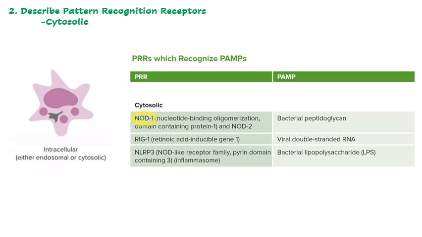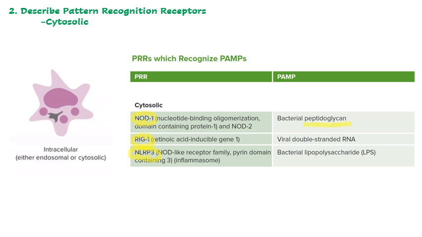Okay. So you have RIG-I, also called RIG-1 receptors, and then you have these guys here, NLRP3. Okay, so those are very, very important. So the nod receptors, nucleotide binding oligomerization domain containing protein 1. Just remember nod, all right?